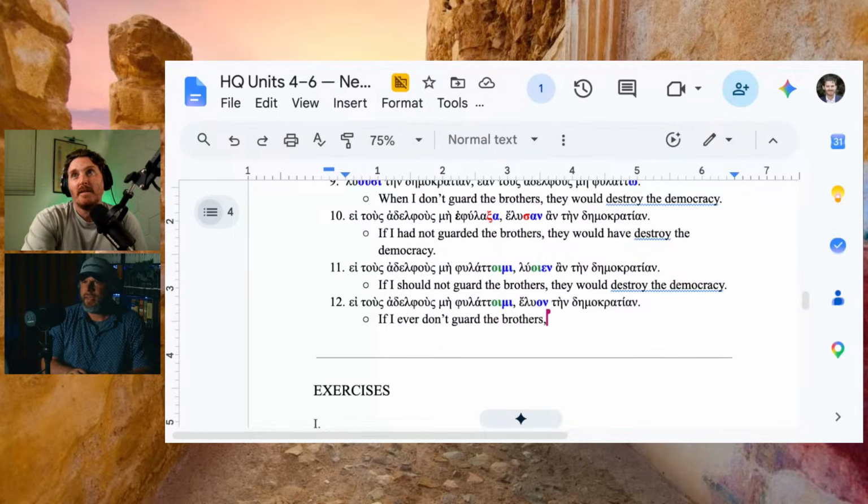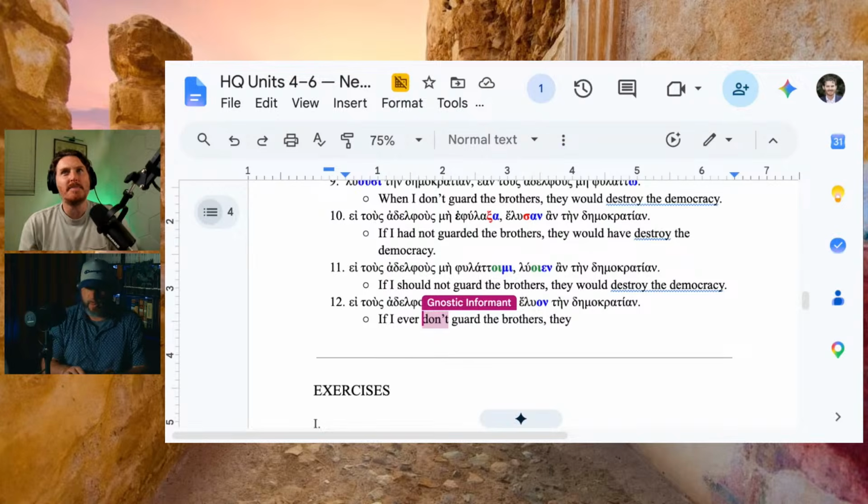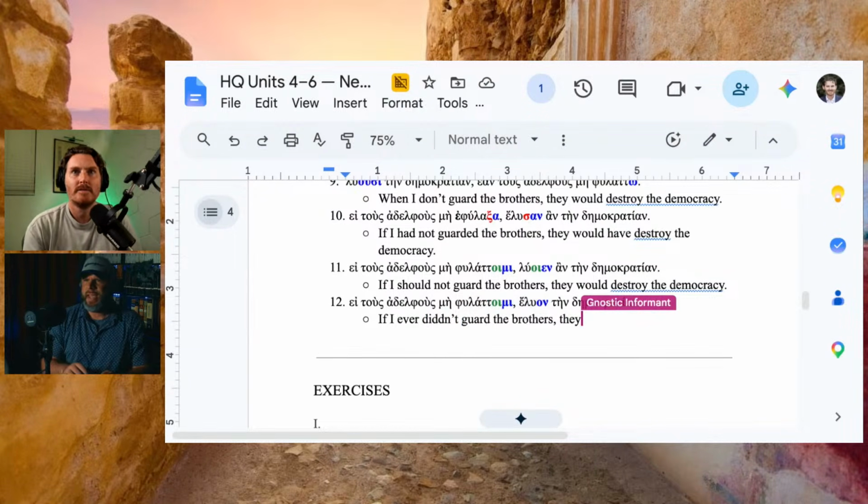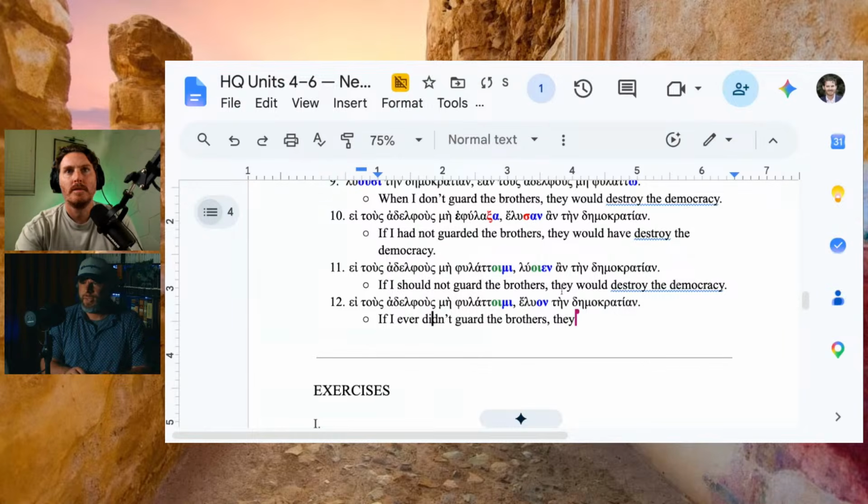The thing is, because it's past general, it's almost like whenever I didn't guard the brothers, or if I ever didn't guard the brothers. Yeah, because this is a past general condition, so that's why. If I ever didn't guard the brothers, they used to destroy the democracy. Yeah, they used to destroy the democracy whenever I didn't guard them.